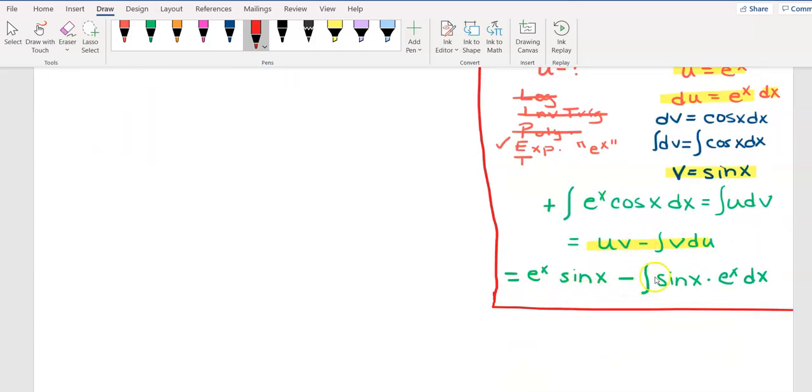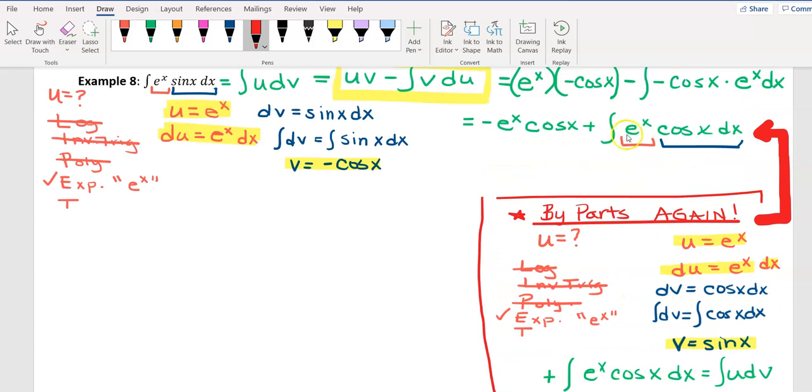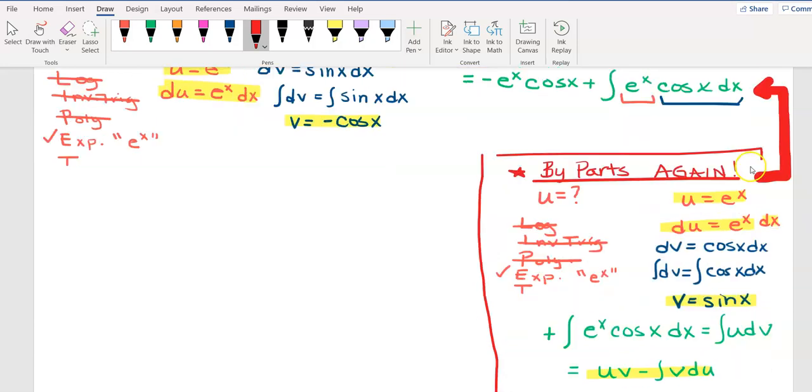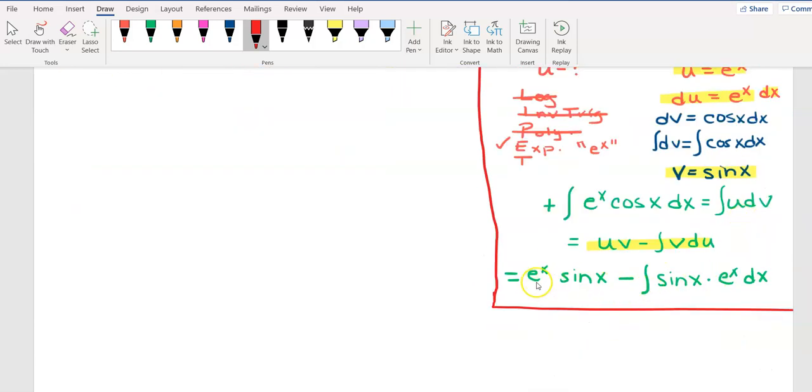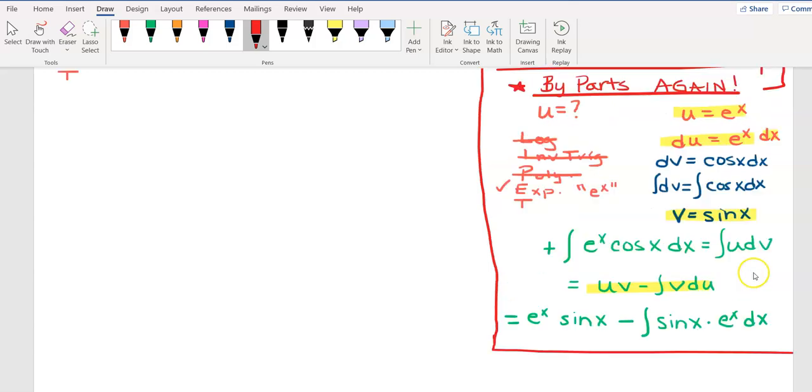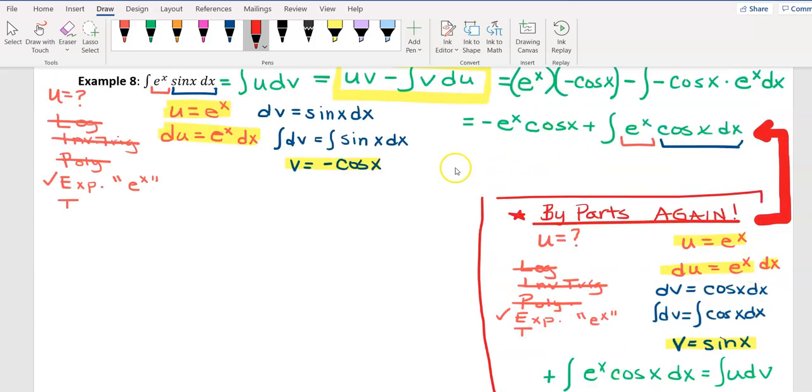And the answer to that portion, that integral of e to the x cosine dx, is all the way here at the bottom, e to the x sine of x minus the integral of sine x times e to the x. So what I'm going to do is I'm going to write that right underneath, because this piece is the only thing we've been dealing with. This front piece, our u times v, is still there. So let's take a moment to write that down.